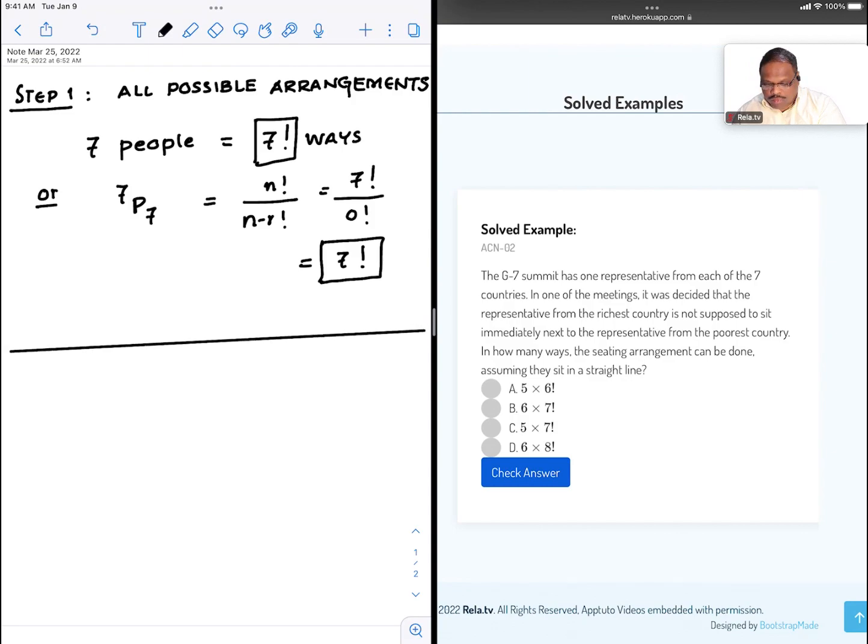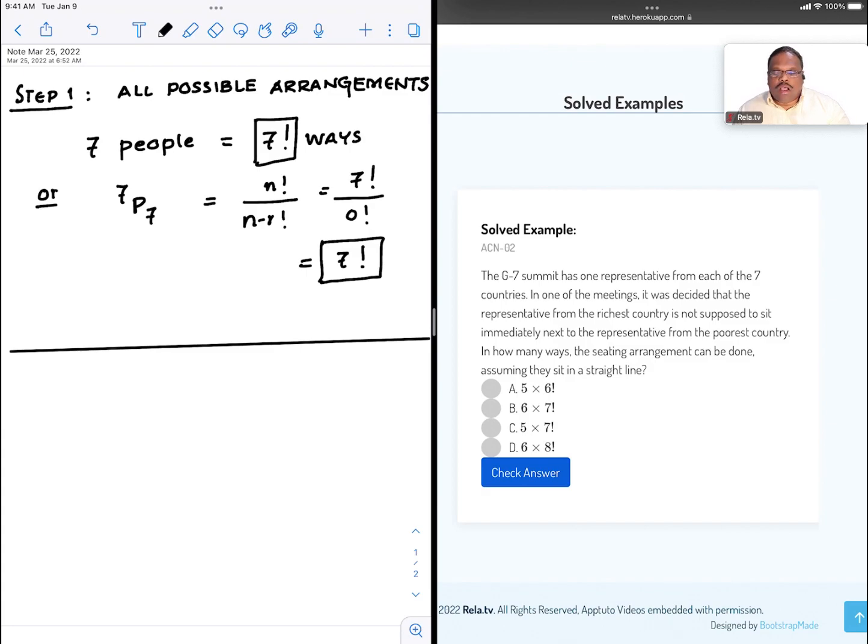In step 1, we found all possible arrangements, meaning without any restriction, how many ways these 7 people can be arranged among themselves in a linear manner. Now, we want to make sure that these 2 representatives are not sitting together. So what we'll do is exactly the opposite.